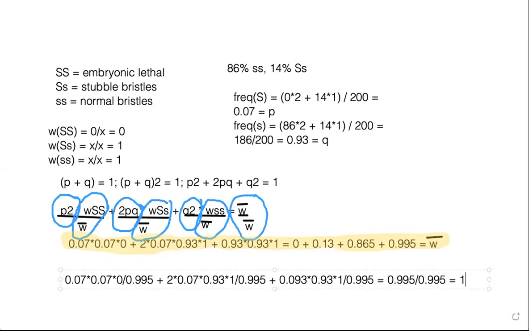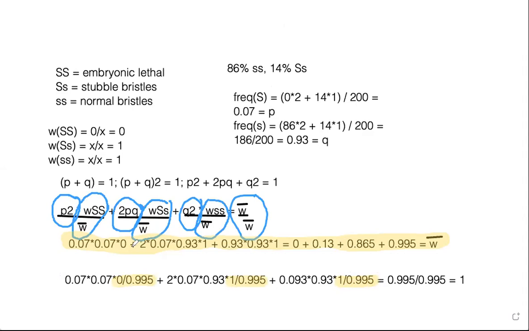So now we have a modification of the Hardy-Weinberg equation. And what we've done now is we can model the effects of selection. Right there, and right there, and right there are the parts of the equation that model the effects of selection on genotype frequencies.